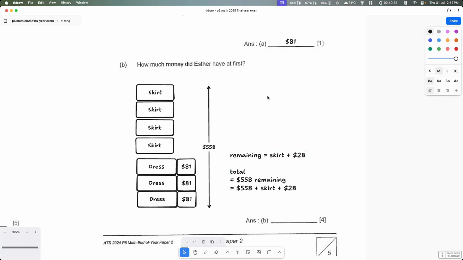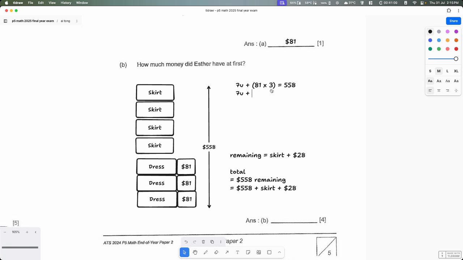The skirt and the dress, let's say 1, 2, 3, 4, 5. So we have 7 units plus 81 times 3, and this whole thing is equal to 558.